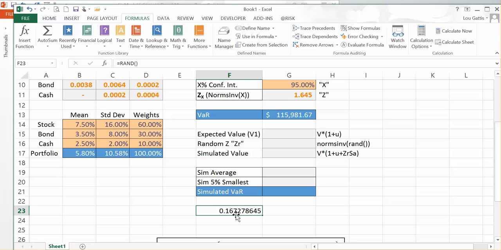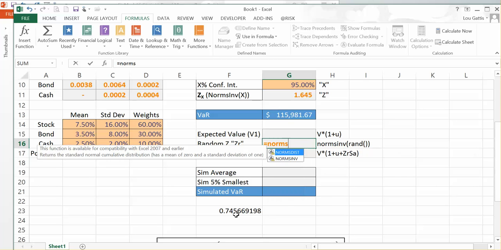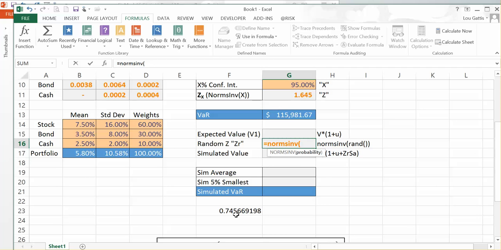All right. When I do a variable that says equals NORM.S.INV(RAND), that is also going to give me random numbers. But these random numbers are different.